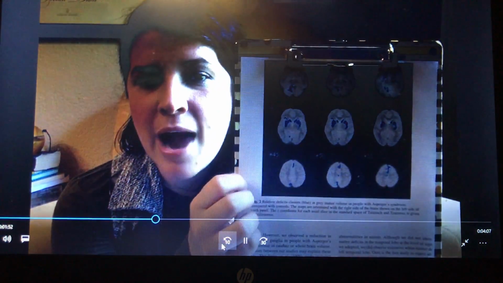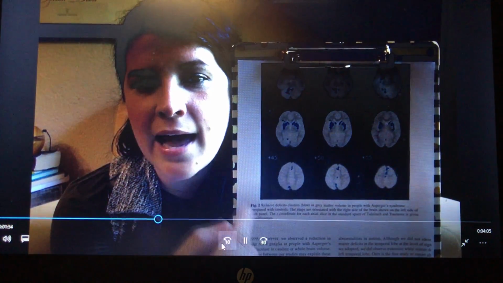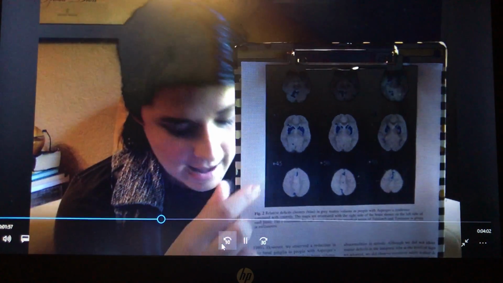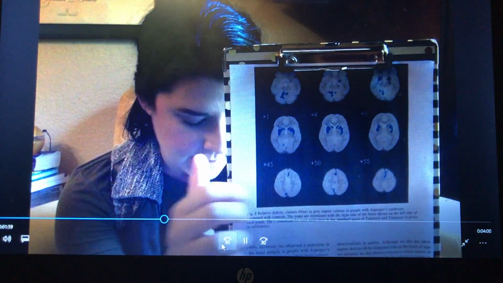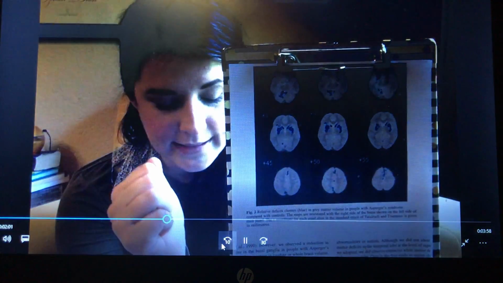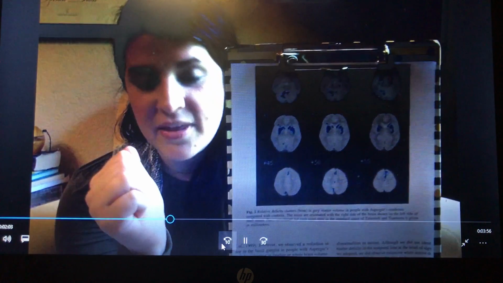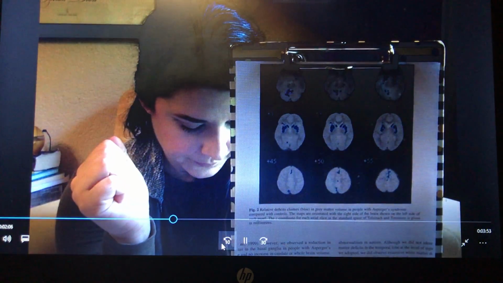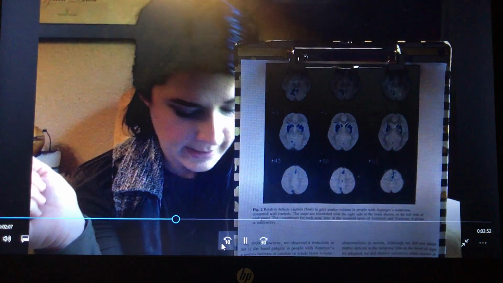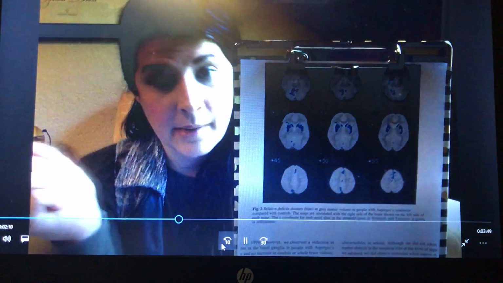And so there are three primary sections where they found a deficit of gray matter: the basal ganglia extending to the thalamus and the ventral striatum, the medial frontal lobe, and the cerebellum.